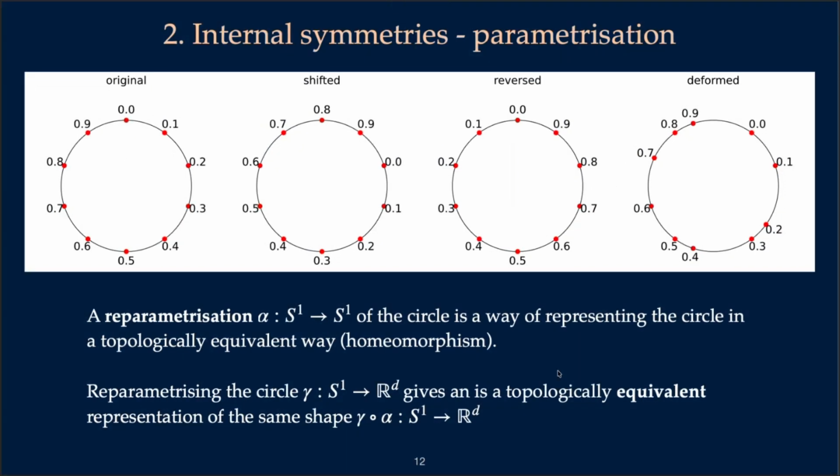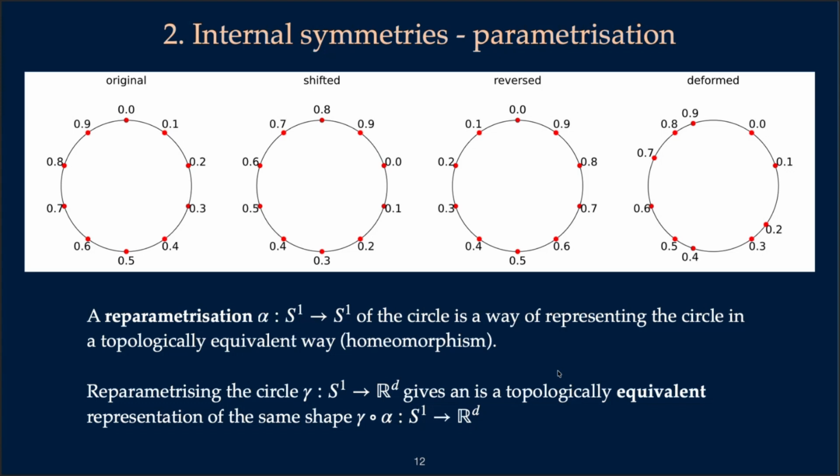The other parameterization is the intrinsic one. When I put this in a computer, I'm saying, okay, for this point on the circle, I'm mapping it to this point in space, and so on. But that's a choice. It doesn't matter whether I start numbering from here 0 to 1 this way, that's a shifted representation, or instead of going clockwise, I could also number things anti-clockwise.